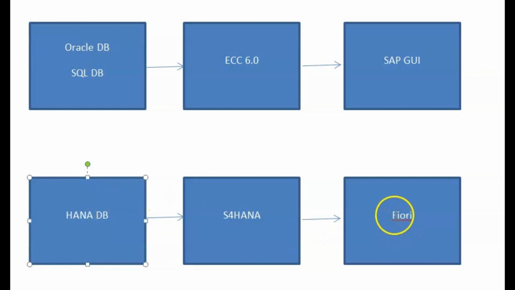And on the front end, we can build our applications on Eclipse, or we can just browse the data in the Fiori applications. Fiori has versions, Fiori 2.0, Fiori 3.0, and this is where we are going to see the data, update the data, etc. And we're going to do the coding part in the Eclipse front end.